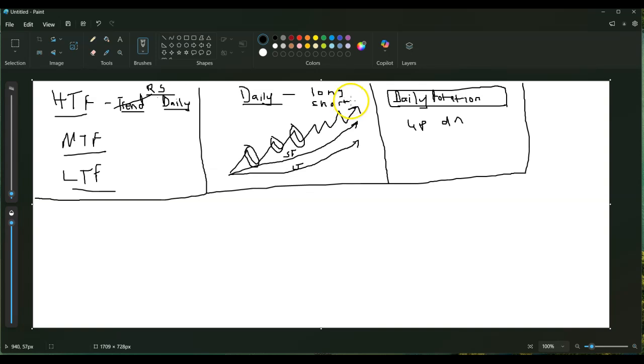And that is dependent on the rotation. Again, the question is, should I go long or should I go short? How do I answer that? I take a look at the daily chart and the rotation on the daily chart. Is the rotation going up or the rotation going down?